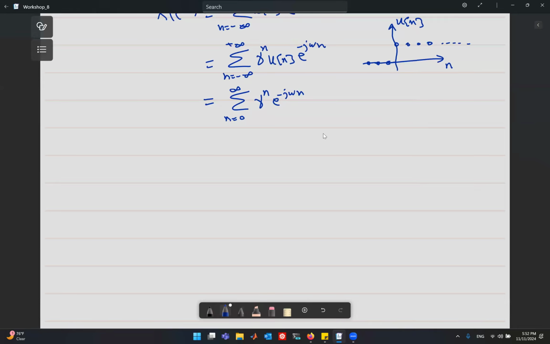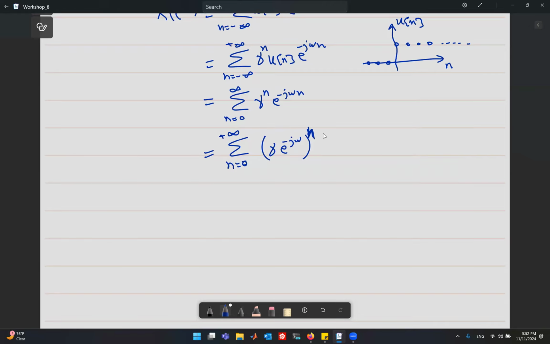When n is less than 0, we are multiplying with 0 and everything will be 0. And now if we combine those two terms, n equals 0 to infinity, we can write gamma exponential minus j omega to the power n, and now we have a geometric series.